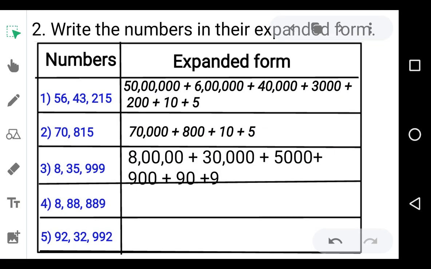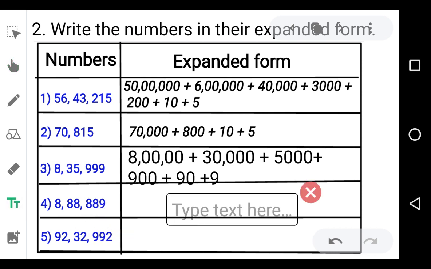Next is 8,88,889. 8 is at 10 lakh place. Its place value is 80 lakh. Then 8 in the lakh place, its place value is 8 lakh. Then 8 in the 10,000 place. Its place value 80,000. Then this 8,889.